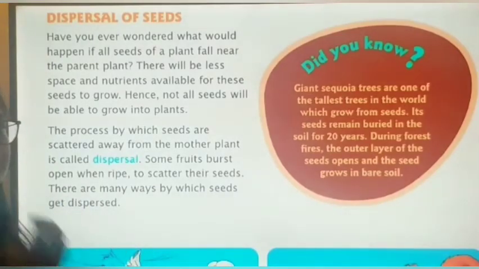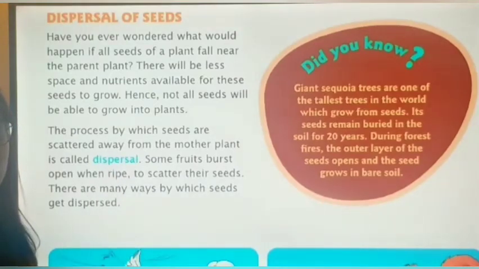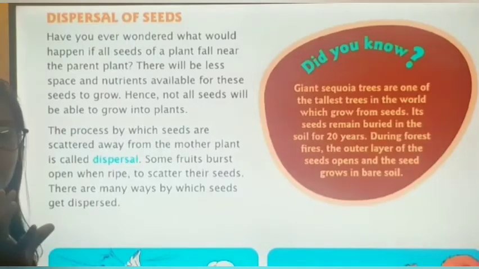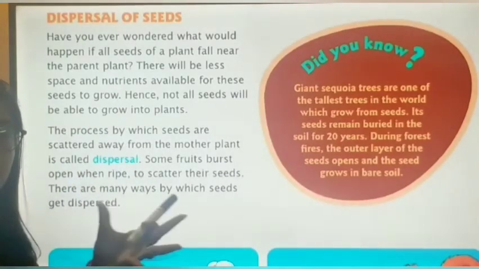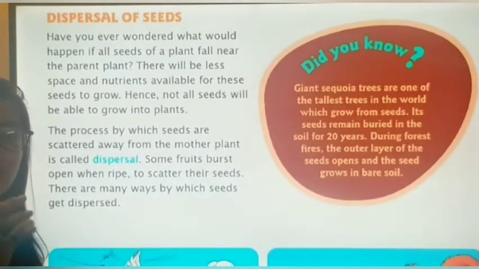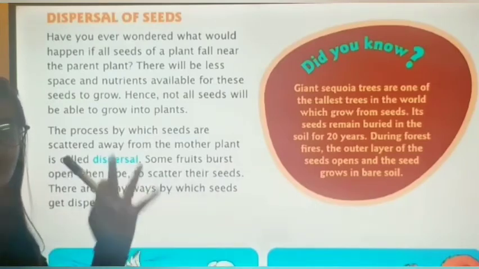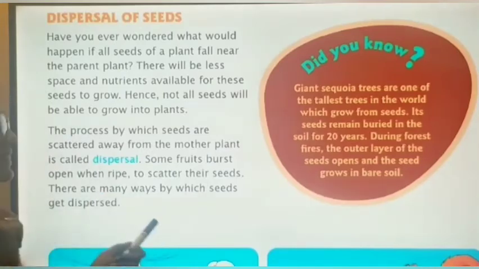Now we are seeing the dispersal process. What is the dispersal process? Whenever a fruit is ripe, some fruits will open. When they open, the seeds from that fruit will spread all around, not under the plant, but all around. That thing is known as dispersal.